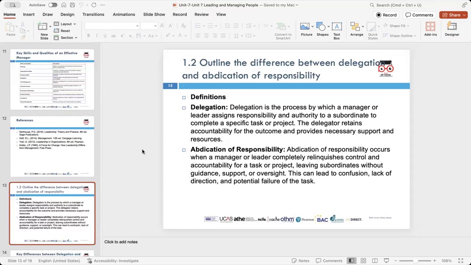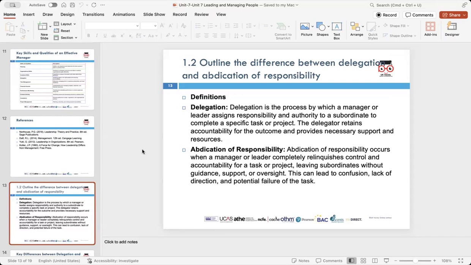Next is to outline the difference between delegation and abdication of responsibility. What is delegation?